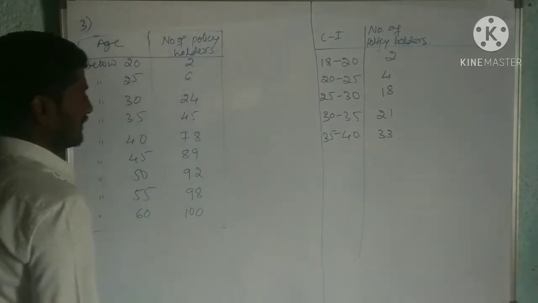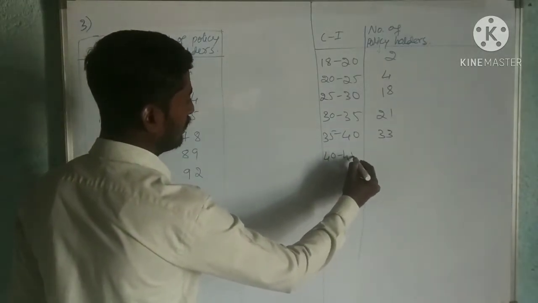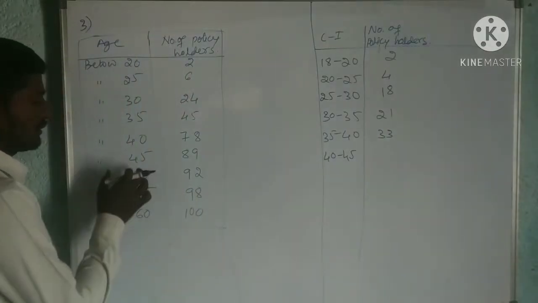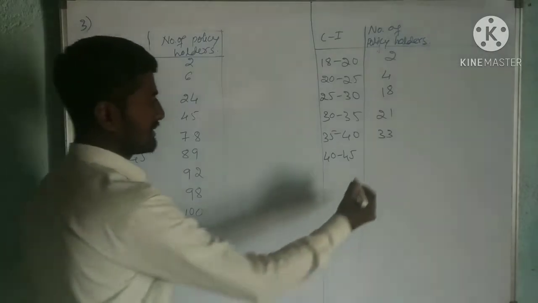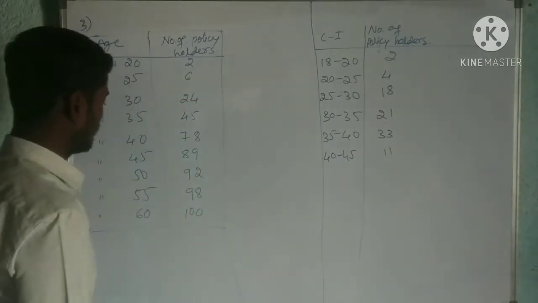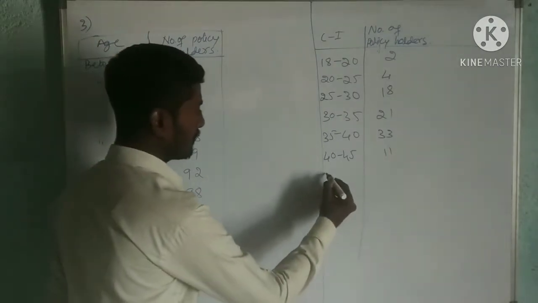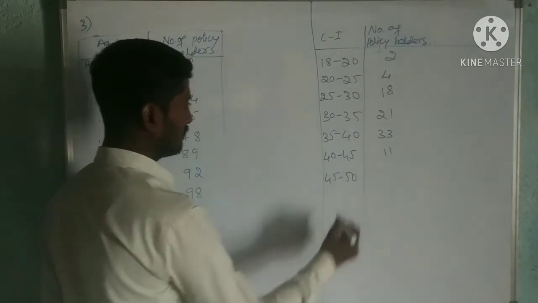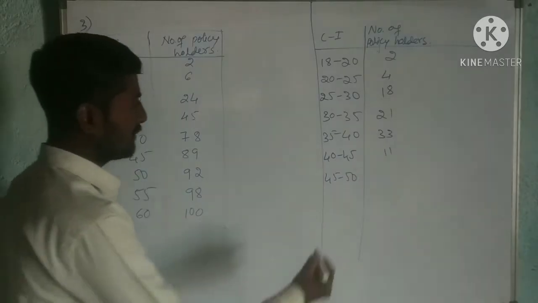Then 40 to 45. That is 89 minus 78, 11 members are there. Then 45 to 50. 92 minus 89, 3 members are there.